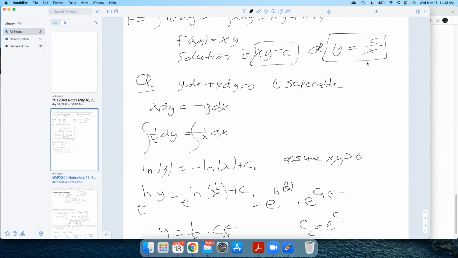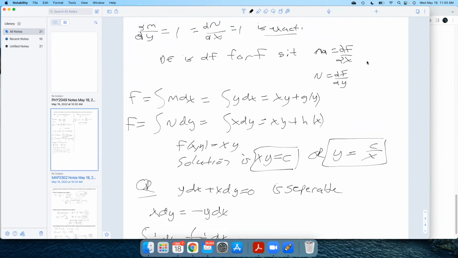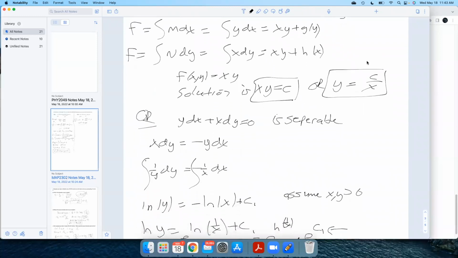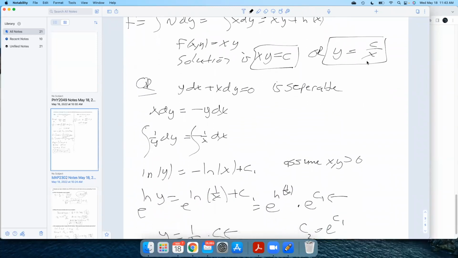So first off, we could solve this dE as an exact dE, or we could solve it as separable. It's also linear. Let me make sure that's true. This may not be linear. Because if we put it in dy dx form, yeah, if we put it in standard form, it would be a linear dE.